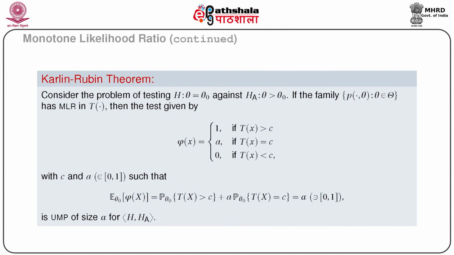Now, we consider the following result, which is due to Karlin and Rubin in 1956. This is known as the Karlin-Rubin theorem.